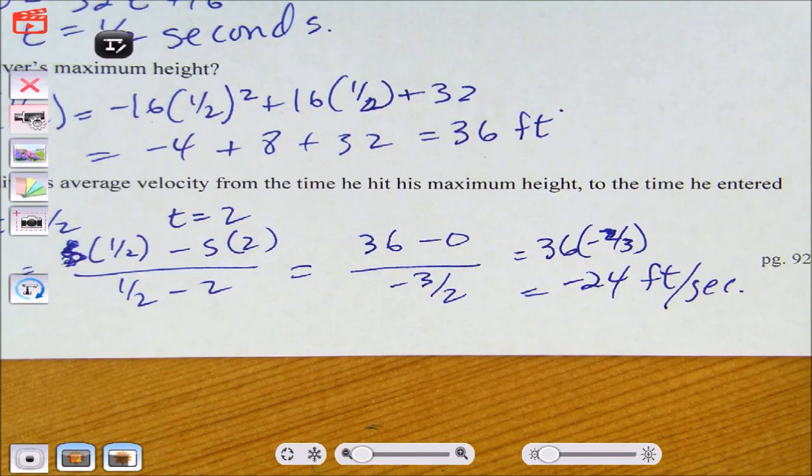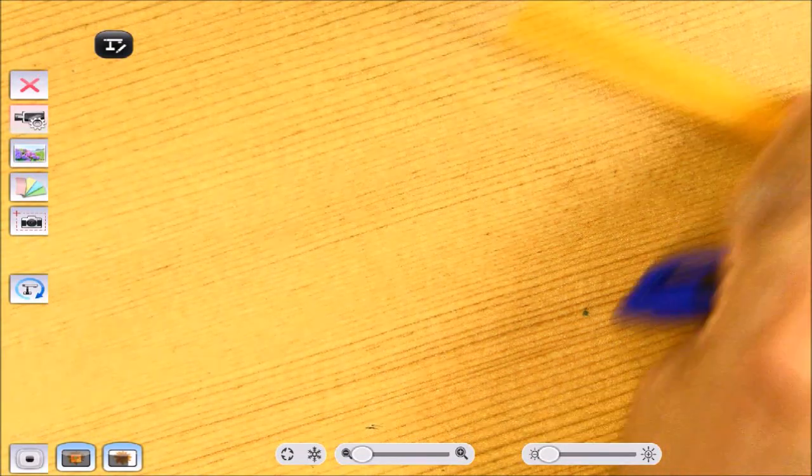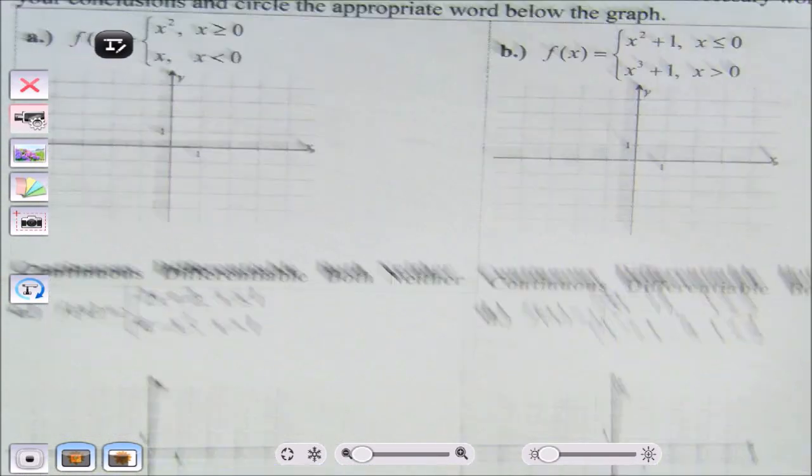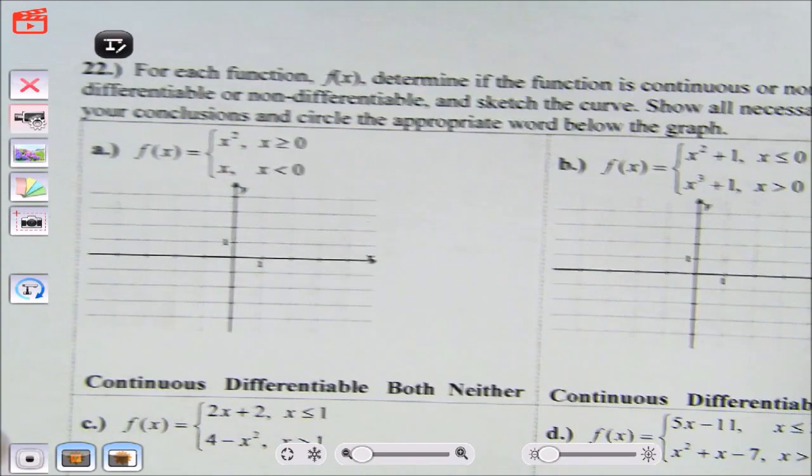But which one's faster, 10 feet per second or 10 miles per hour? You do the math. You're just stalling. All right, moving on.